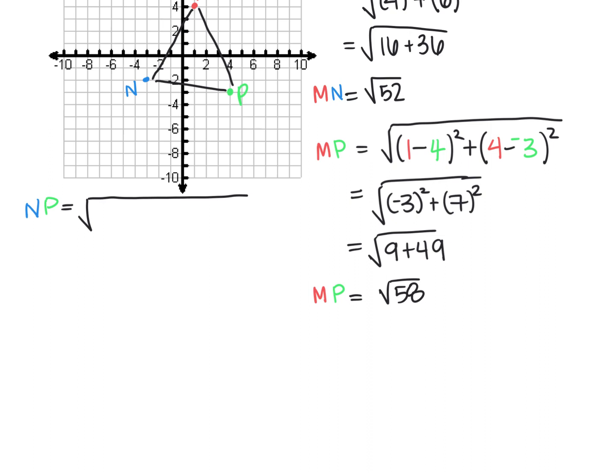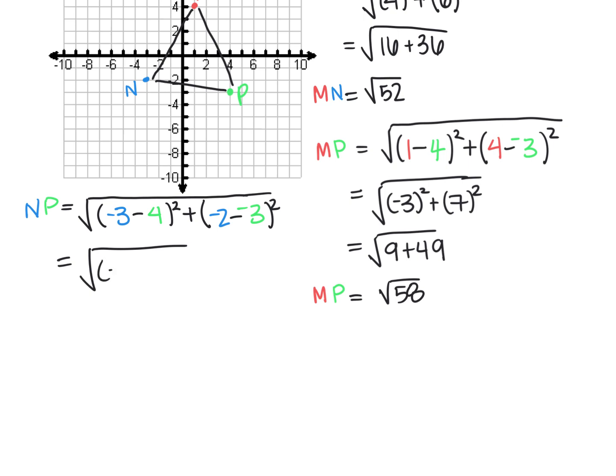So in this case, I'm going to let N be my x1, y1. So we are going to have -3 minus 4 squared plus -2 minus -3 squared.